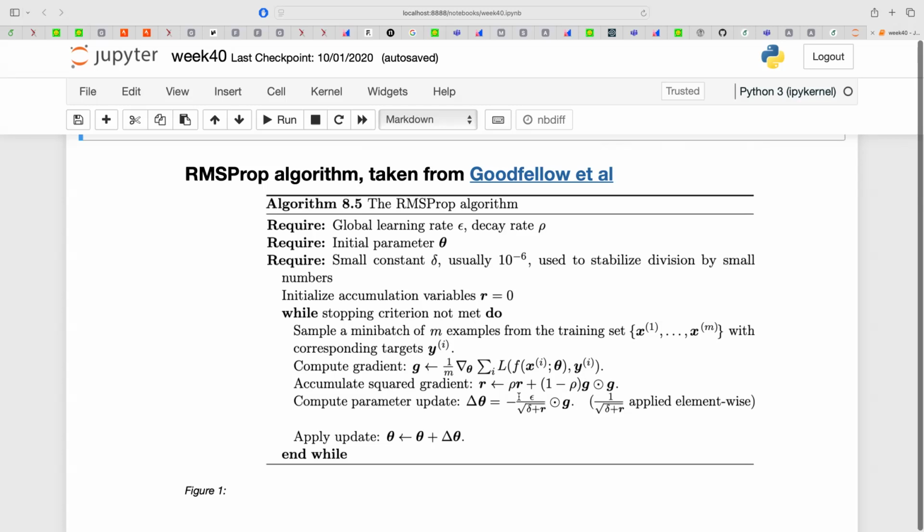And then we calculate this update of the learning rate, again by the same element-wise multiplication. The square root of r is now given by a new expression. So instead of having r plus g times g, we now have this parameter rho, which is typically set between 0 and 1.